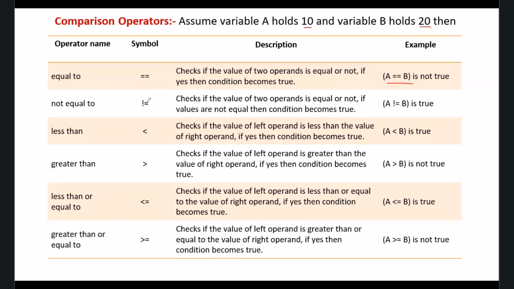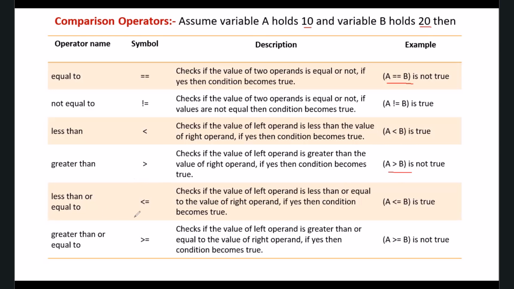The second one is the not equal to symbol, and if you are using this operator, here it will be true because 10 is not equal to 20. Then less than, A is less than B, yes, it is true. Greater than, A is greater than B, it is not true because 10 is smaller and 20 is bigger.